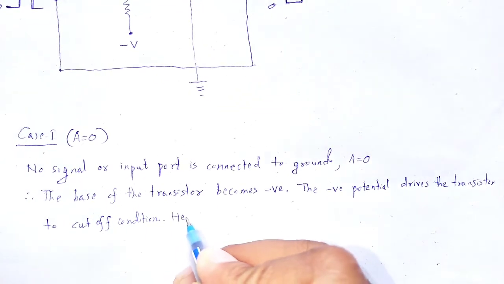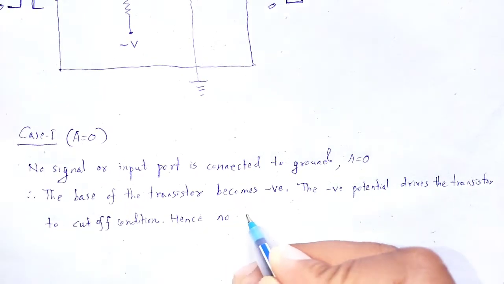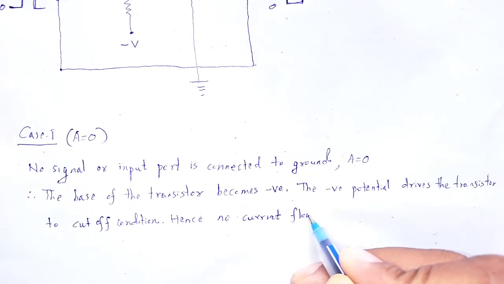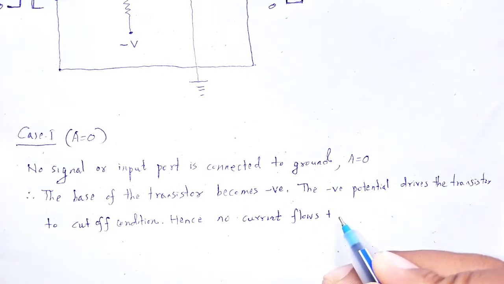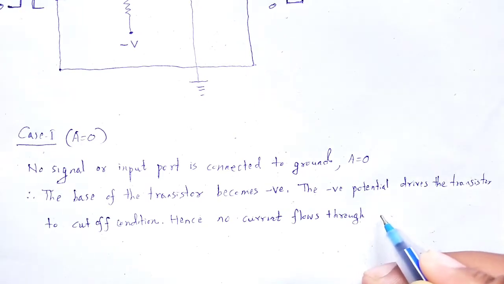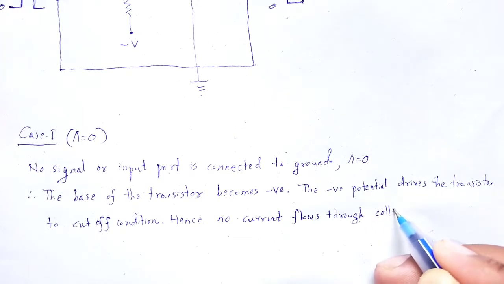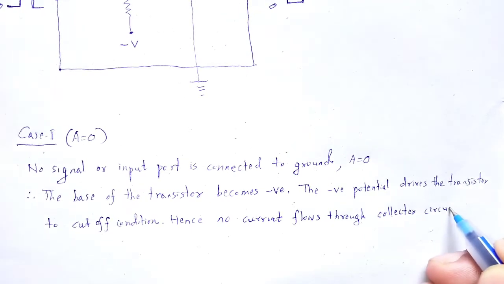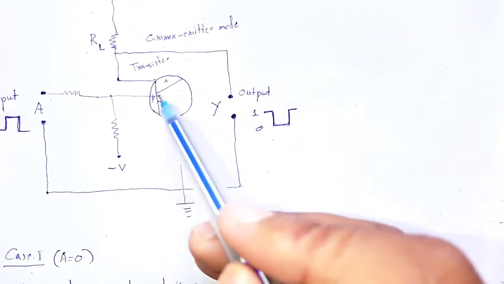Therefore no current flows through the collector circuit.